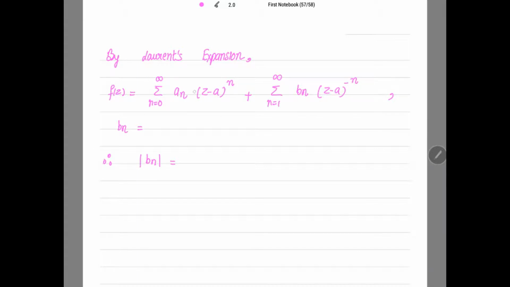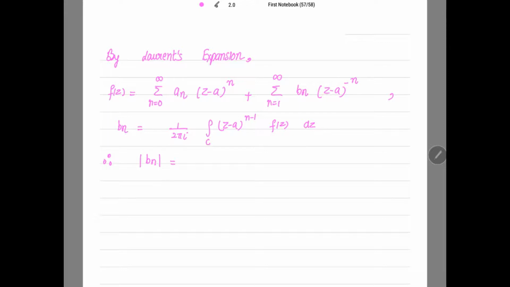First is your regular part, then your principal part. And we also know that the coefficient b_n is equal to 1 over 2 pi i times the integral over C of (z minus a)^(n-1) f(z) dz. We need this principal part to be 0, that's why I have mentioned the coefficient b_n here.